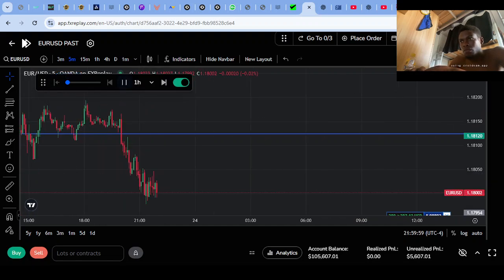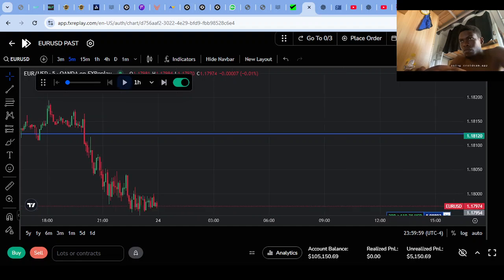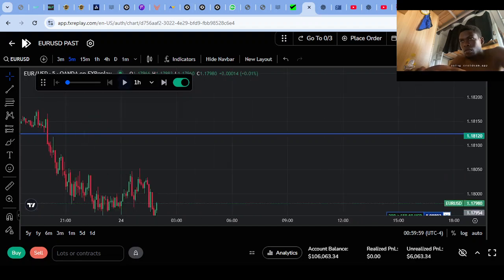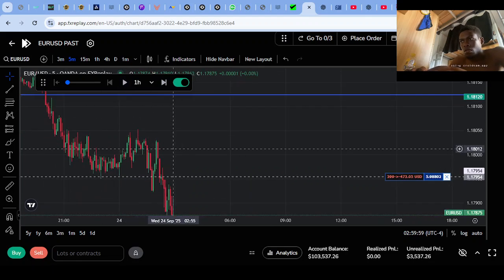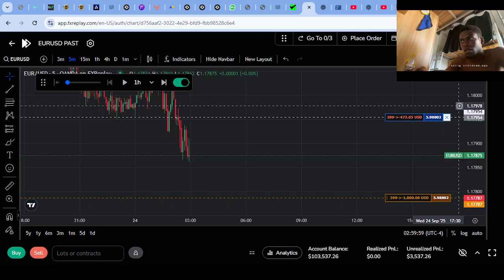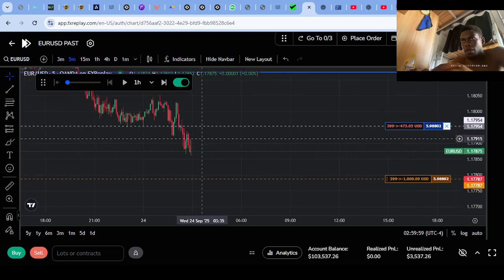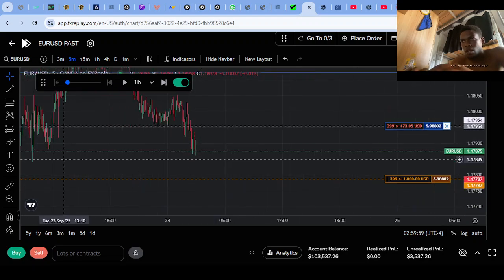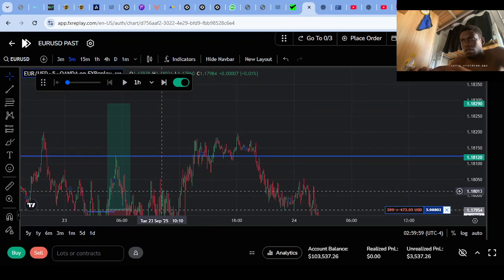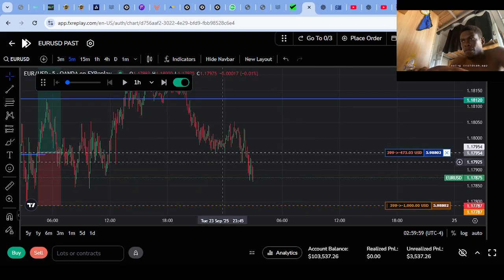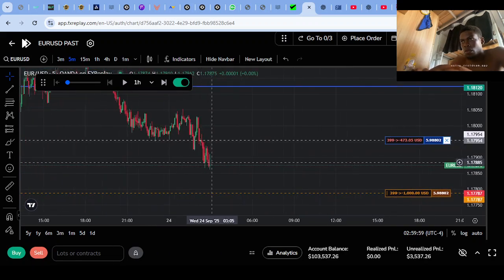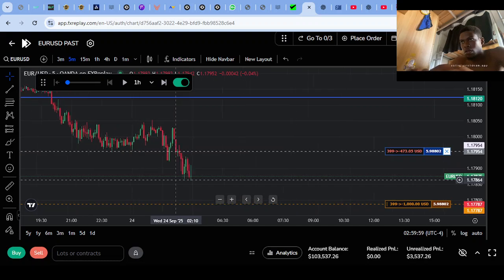So we wait. So if y'all can see, we're on to the next London session, and basically price is about to hit our stop losses, and price never went to 2%.